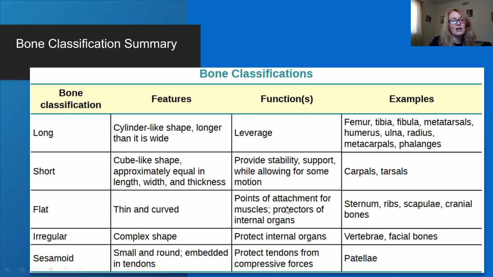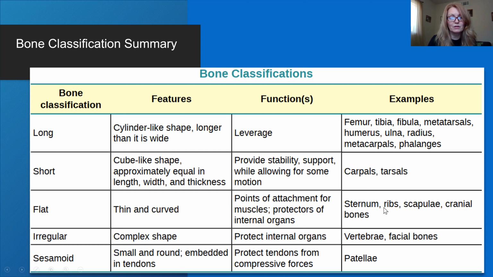Flat bones are points of attachment for muscles and protectors of internal organs. That makes sense. If you have a nice flat bone, like in your cranium, that's the best shape to protect those internal organs. Irregular bones protect internal organs as well. Vertebrae make up your vertebral column, which protects your spinal cord. Sesamoid bones protect tendons from compressive force. And here are some examples for long bones: femur, tibia, fibula, metatarsals, humerus, ulna, radius, metacarpals, phalanges. Short bones: carpals, tarsals.